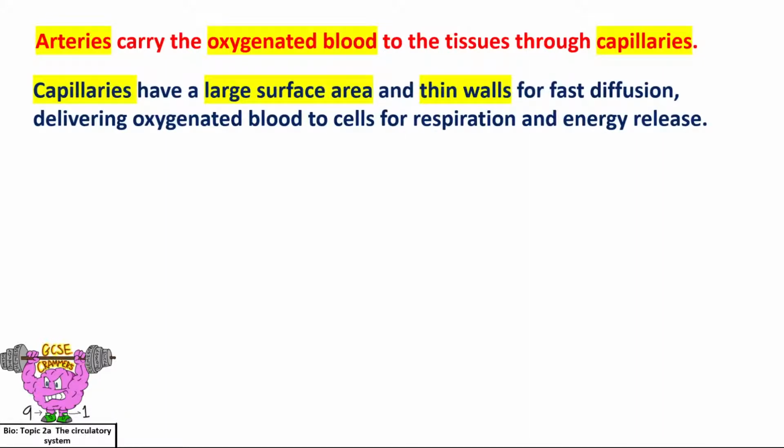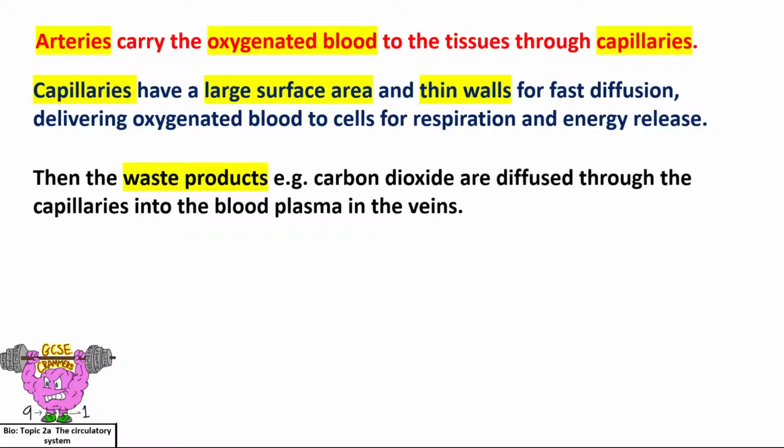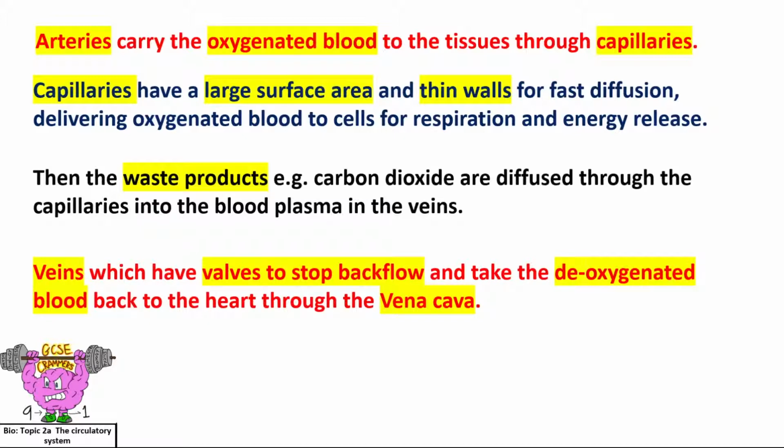Capillaries have a large surface area and thin walls for fast diffusion, delivering oxygenated blood to cells for respiration and energy release. Then the waste products, for example carbon dioxide, are diffused through the capillaries into the blood plasma in the veins. Veins have valves to stop backflow and take the deoxygenated blood back to the heart through the vena cava.